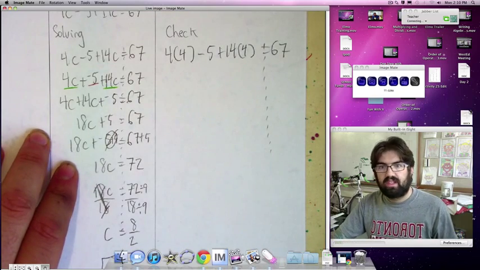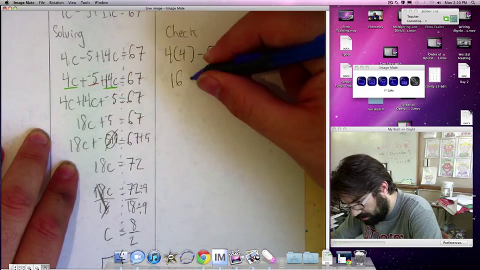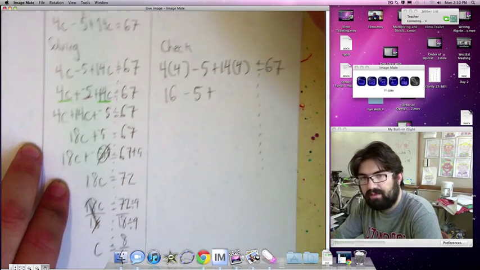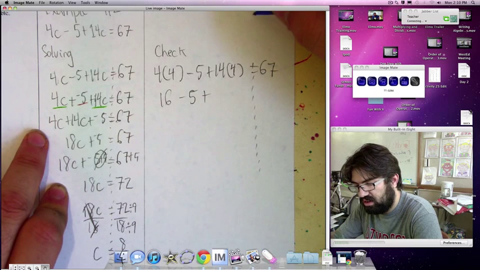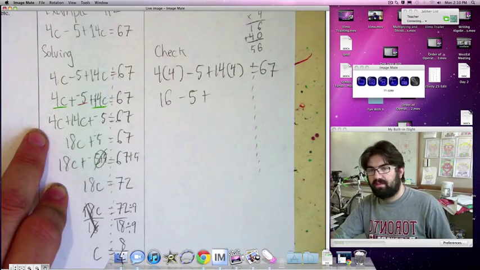So I'm going to prove it. 4 times 4 is 16 minus 5 plus, I'm going to do a little math up here. See, 14 times 4. 4 times 4 is 16. 4 times 10 is 40. 56, right?